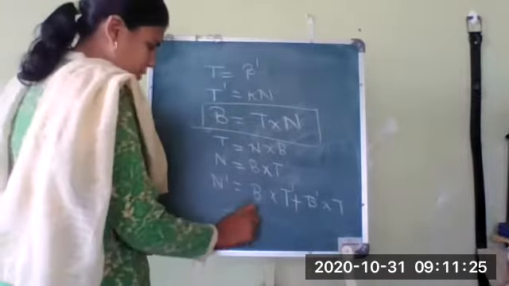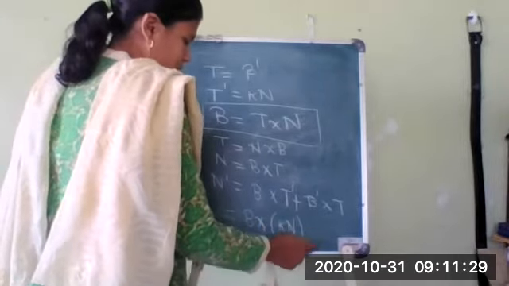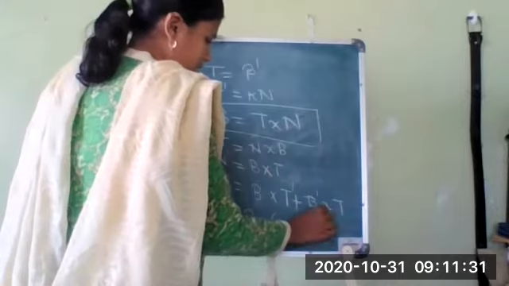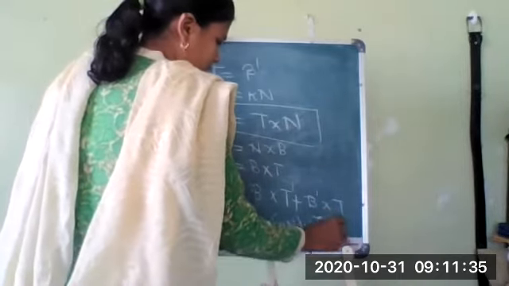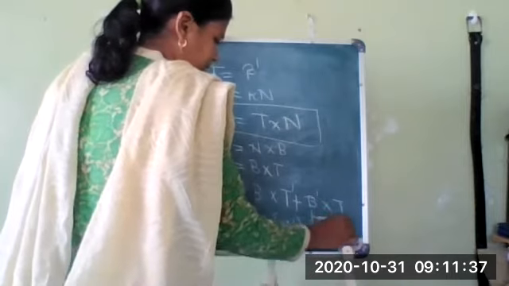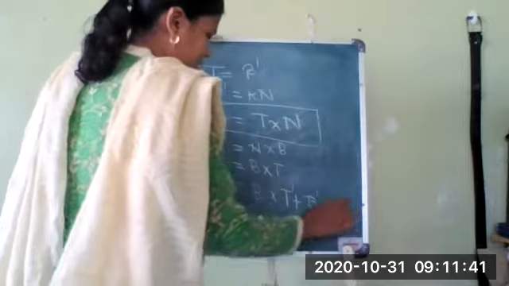Now we know the formula. What is T'? T' is K into N. And B' we know is minus tau into N, cross product with T.